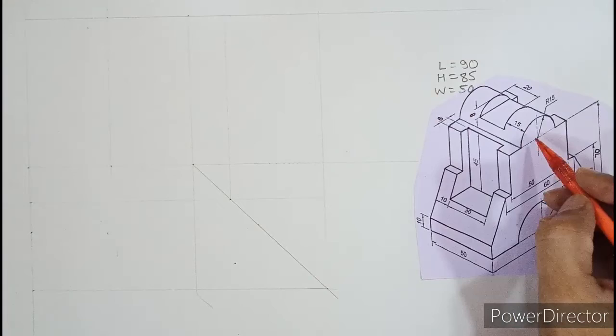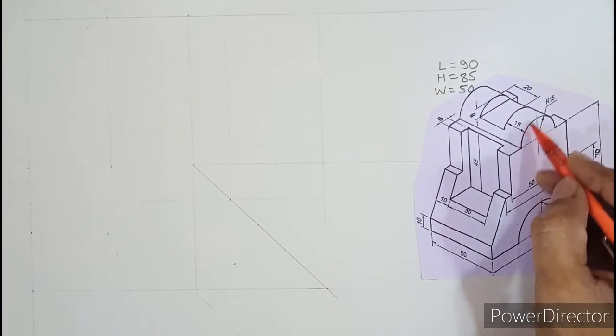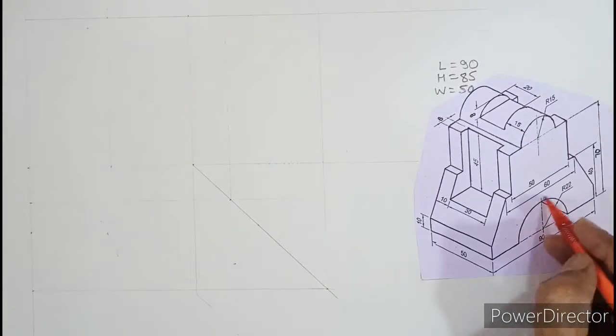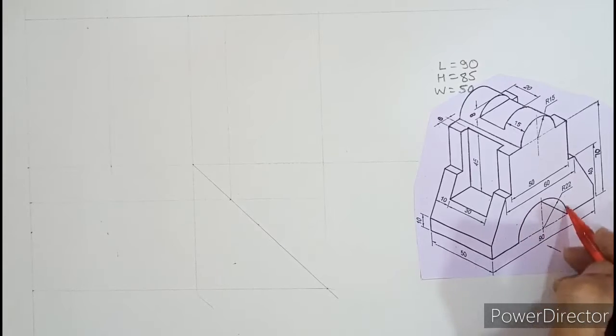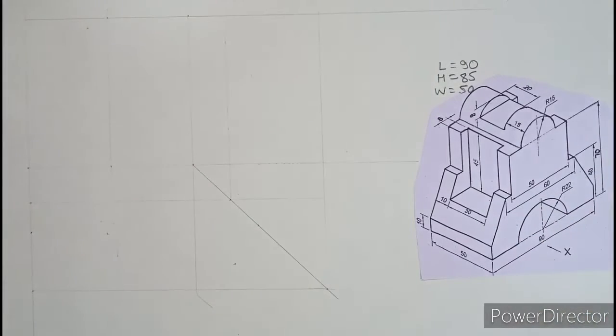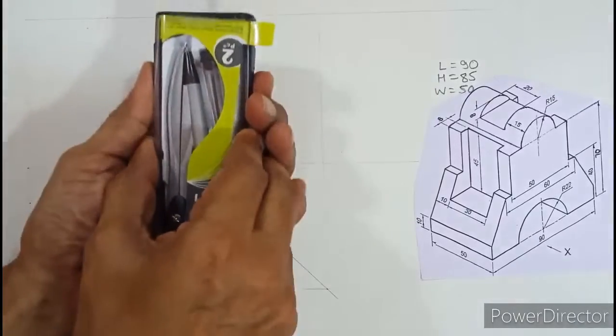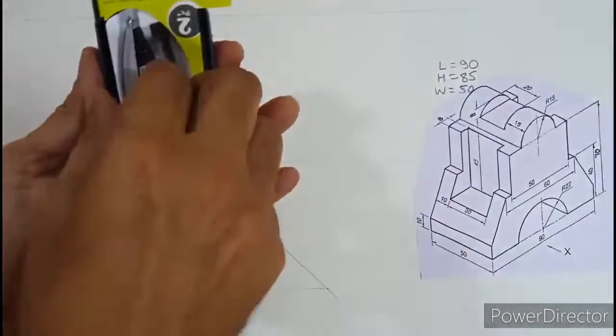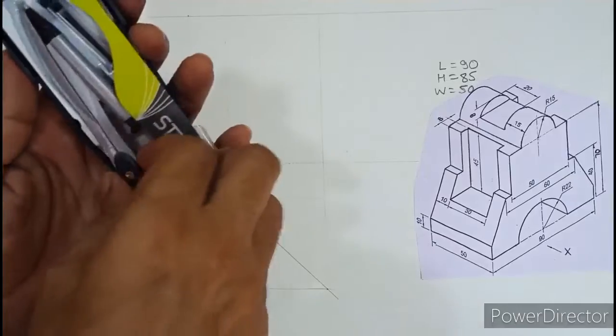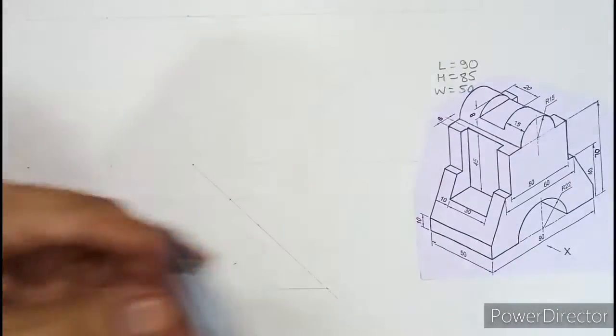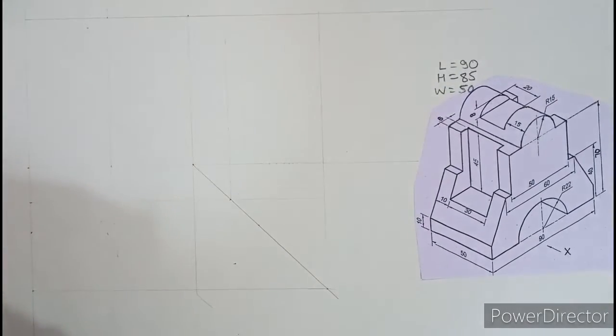Now our first job is to draw two semicircles of radius 15 and radius 22 dark. Remember, object lines are always dark. So we need to draw both of them dark. So open up the compass. Okay, so once the compass is done, now there is one more way to set radius 22.